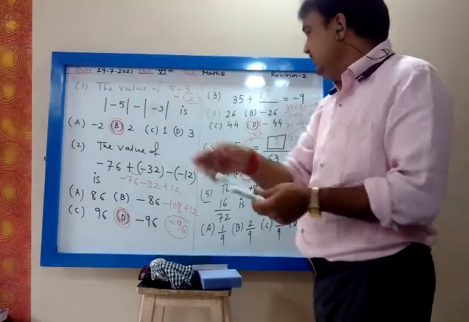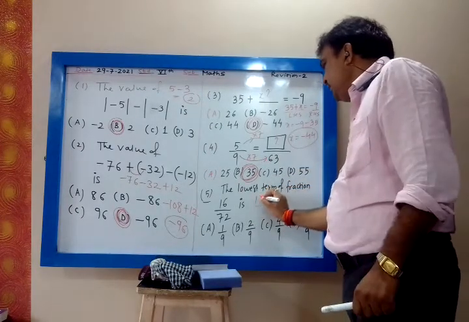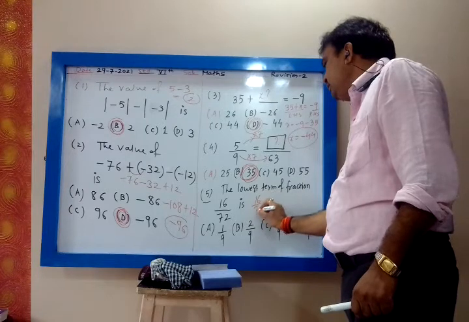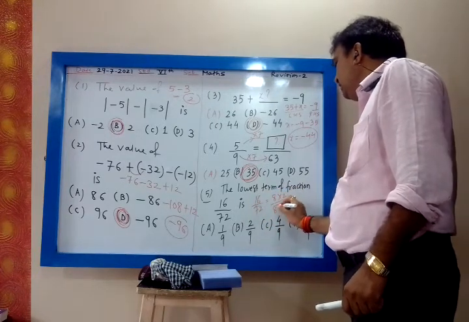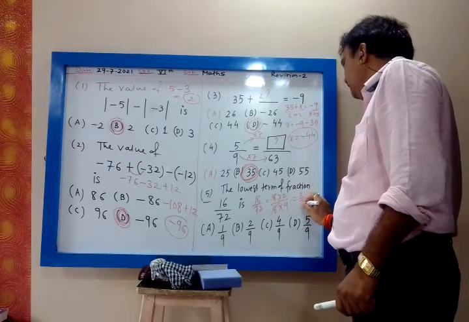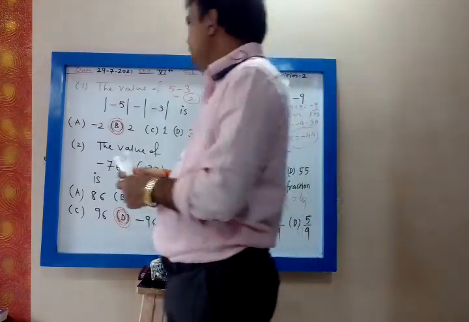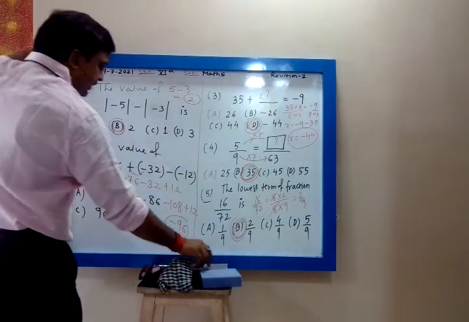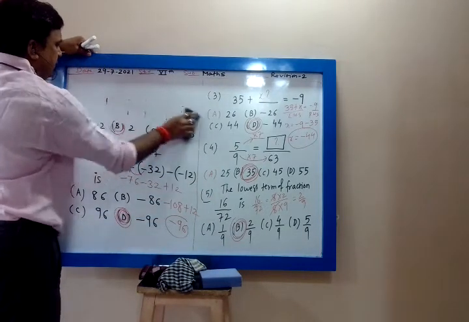Let us see. 16 upon 72. 16 I can write as 8 twos are 16, 72 I can write as 8 nines are 72. The 8 gets cancelled, answer is 2 upon 9. Very good. So all of you got the answer correct, 2 upon 9 is the correct option.